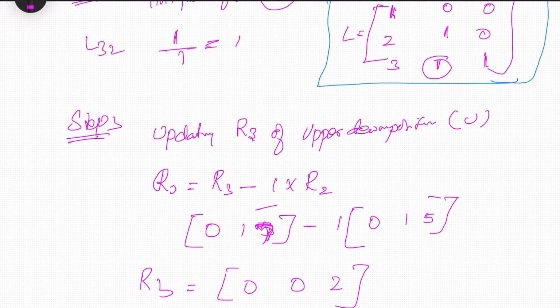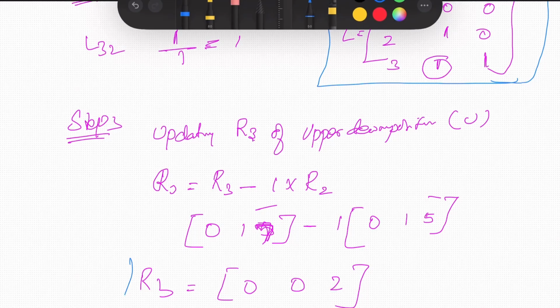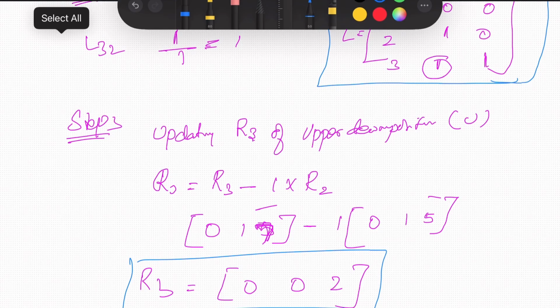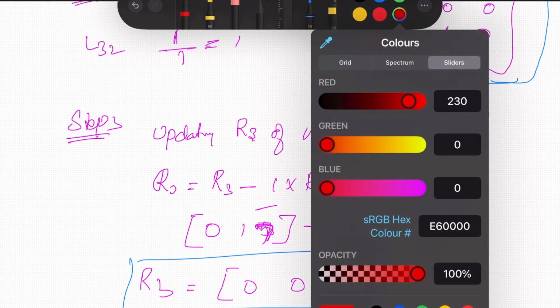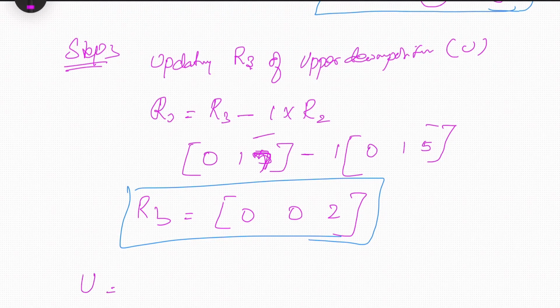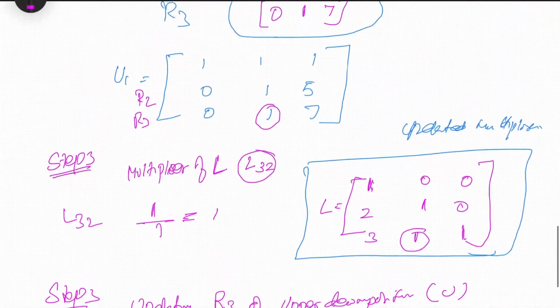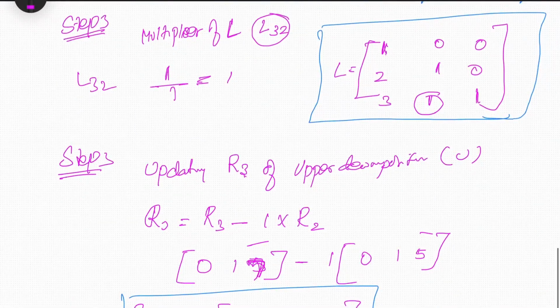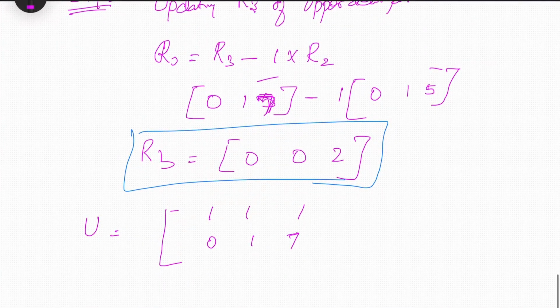Now what we have to do? We have to find R3, right? We have just found R2. So R3 is 3, 4, 10, and this time we are multiplying by 3, so 3 into R1.